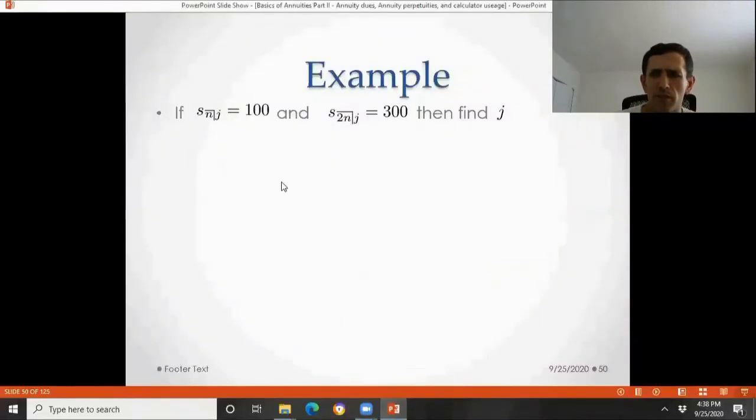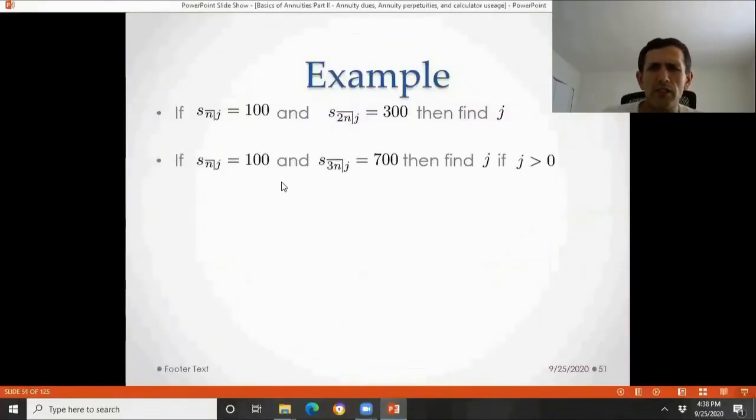Okay, so let's say instead we have S_N,j is still 100, but S_3N,j is 700. Find j if j is positive. We haven't really dwelled on negative interest rates that much, but remember, certainly you can have a negative interest rate.